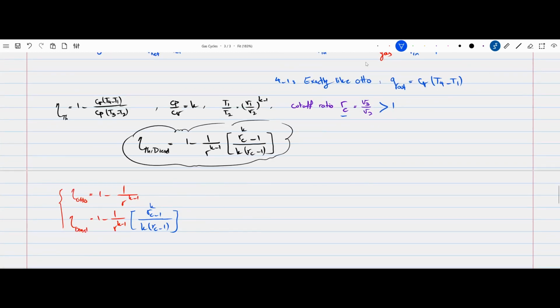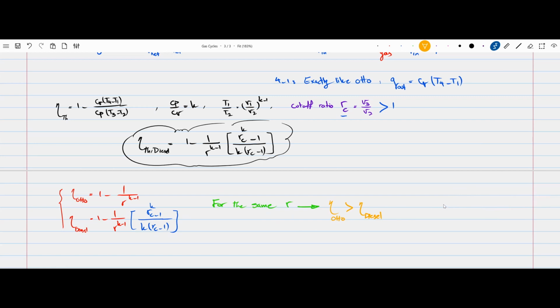So if that is true, for same r, efficiency of the Otto cycle is greater than the efficiency of diesel. And that is true. If the compression ratio for both of your engines are the same, then your gasoline run engine has higher efficiency. However, please remember that for the diesel engine, we actually want to go to higher compression ratios because we want the mixture to ignite on its own.